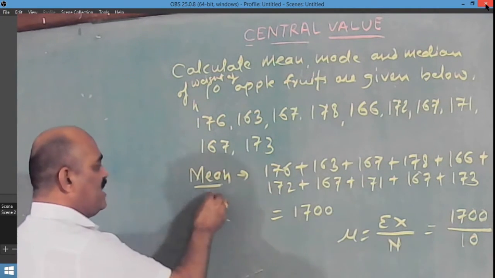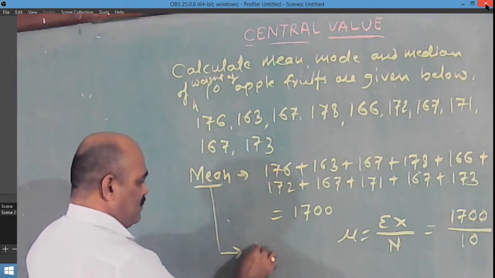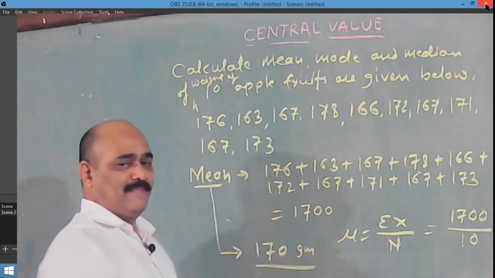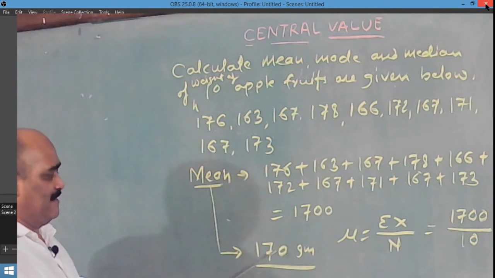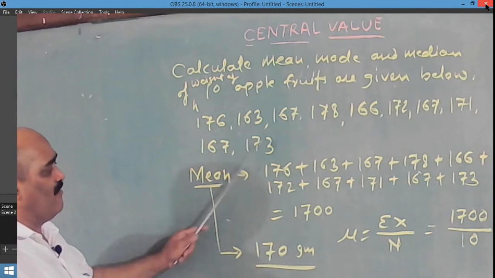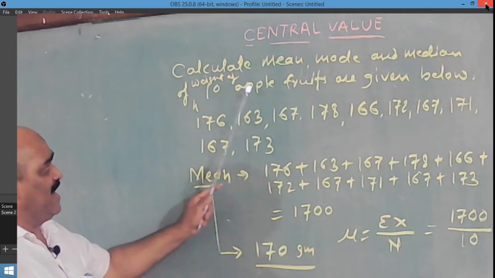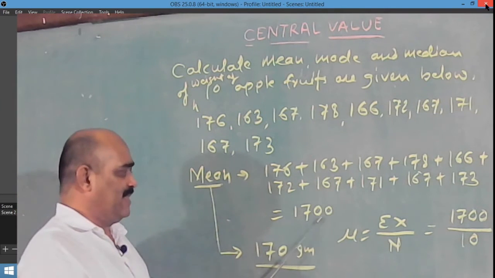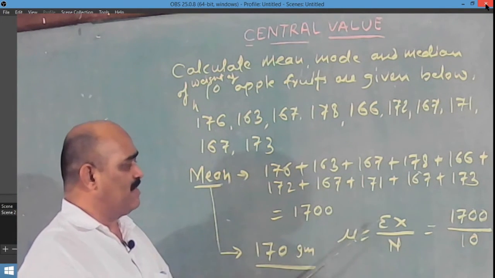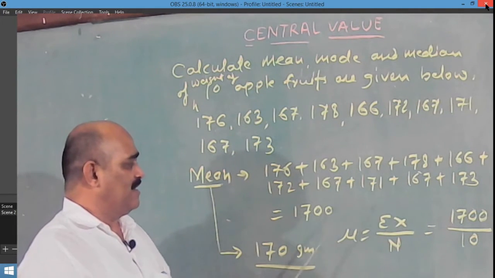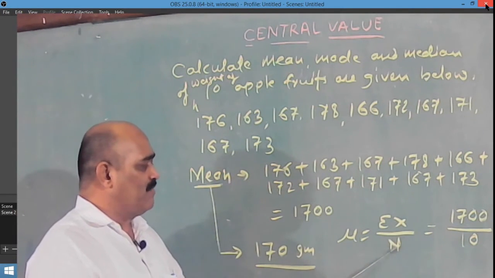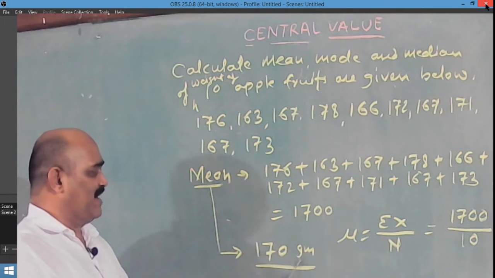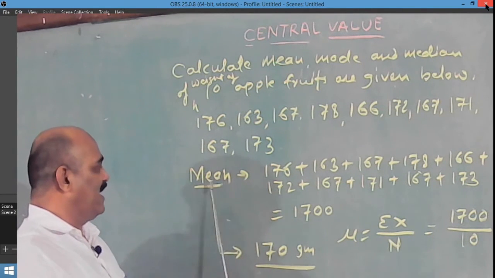So the mean of your data is 170 gram. 1700 divided by 10 is equal to 170 gram. That means the mean of our data is 170.